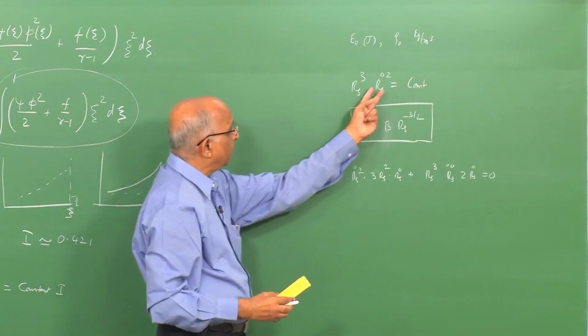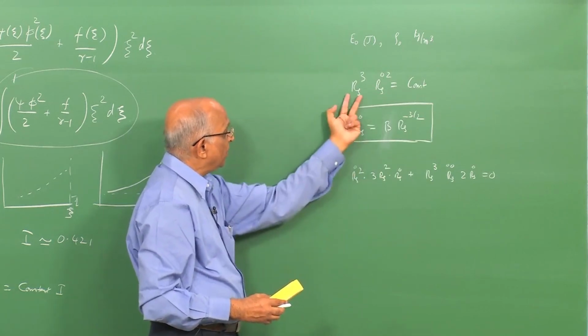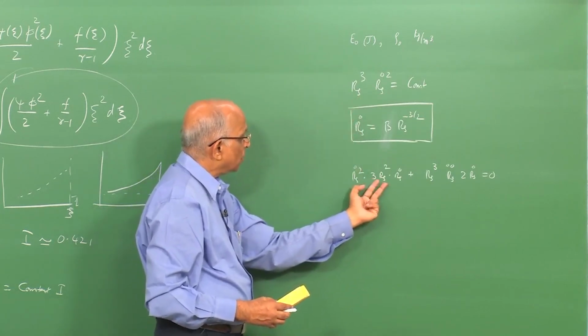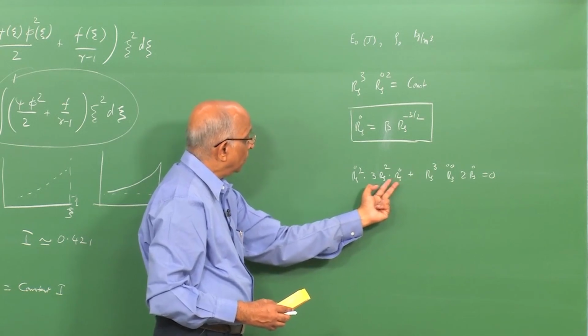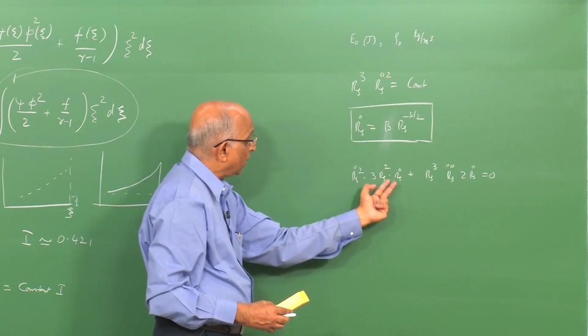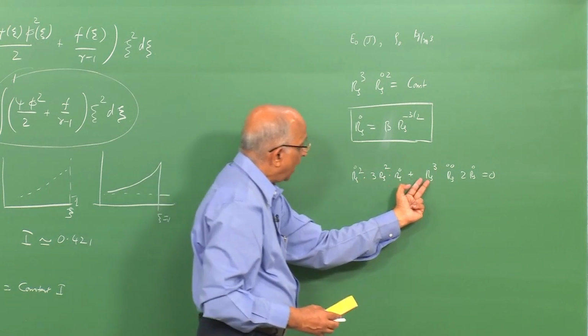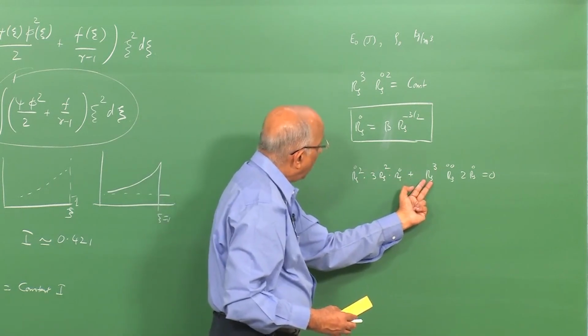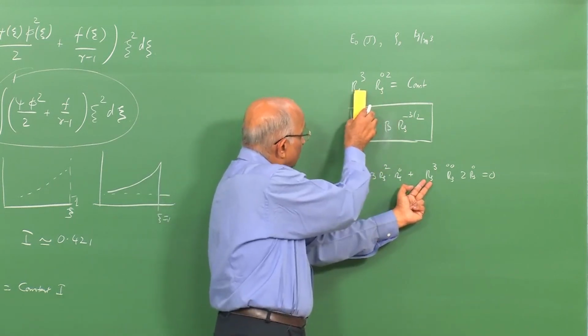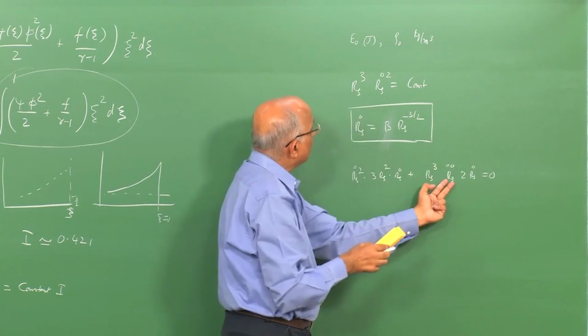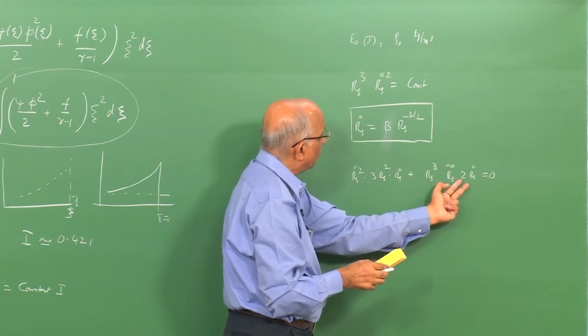Let me again repeat. Rs dot square into the differential of the first term, 3 Rs square into Rs dot, plus I have over here Rs cube, which is the first term, and the differential of the second term is Rs double dot into 2 Rs dot.